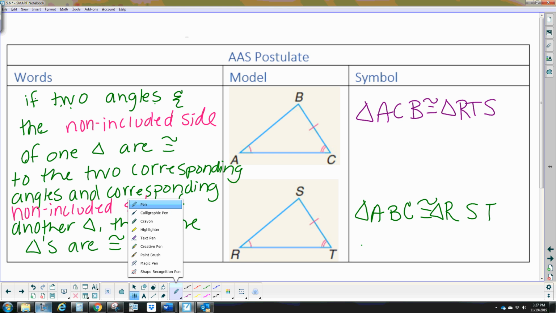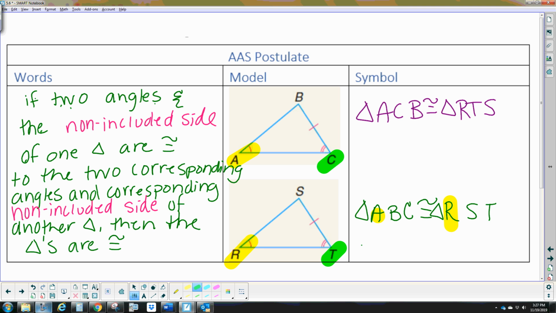And when you write this statement, again, just make sure that A and R are in the corresponding positions, that C and T are in the corresponding positions, and then lastly, that BC and ST are in the corresponding positions, okay, which in both statements they are.